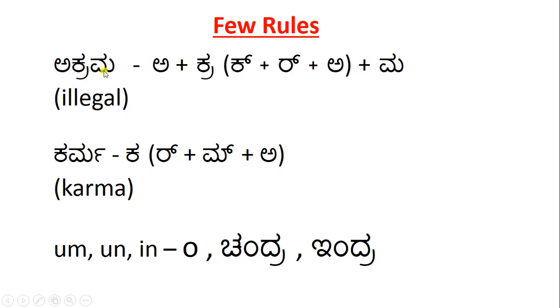Now if you try to split it up, it is a plus kra and ma. Now, kra is split like this: K plus r plus a. Kr.